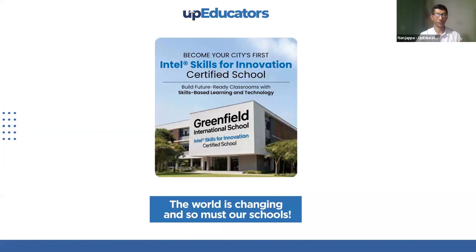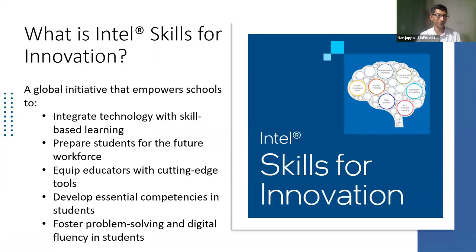Now, as I was telling you, your school can become a future ready school if you have 30 Intel laptops. If your school has got 30 Intel PCs, with the Intel processors, you are eligible. Intel is looking for schools which they can certify as a skills for innovation school. Now, what does this entail?